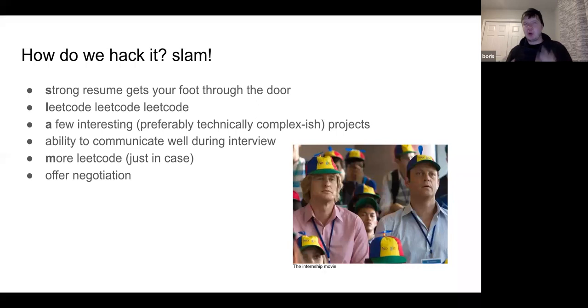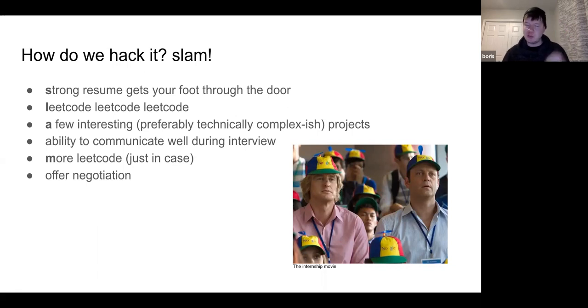That's the purpose of a complex project. If it's just a front-end client or some website, there's not much you can talk about. You need something worth talking about in depth. Ability to communicate well during the interview is also very, very important.